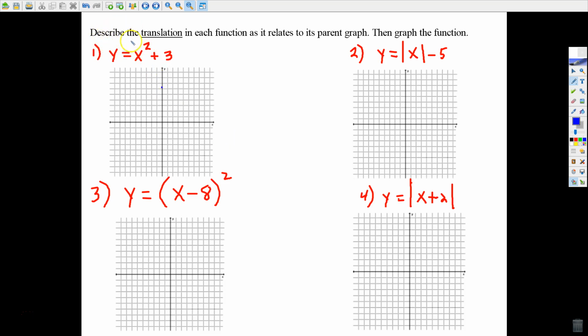The directions here say describe the translation in each function as it relates to its parent, and then graph. Number one, I'll just get us started. This is the parent y equals x squared. And it's a translation, it's shifting 3 units up.